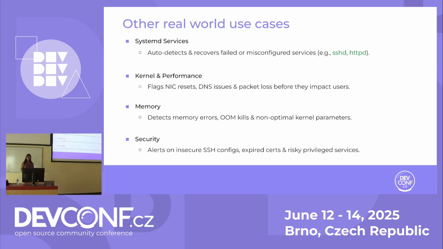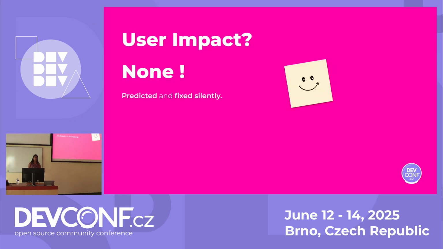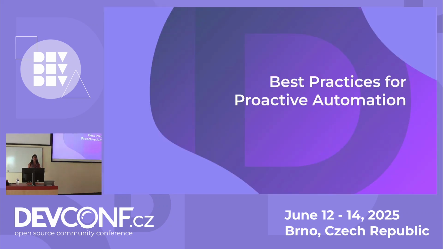It can alert on SSH config errors or TLS or SSL certificate issues occurring in the system. But the user impact is none. We don't have to click or write any code to solve the issue, and the issue is predicted and fixed silently.